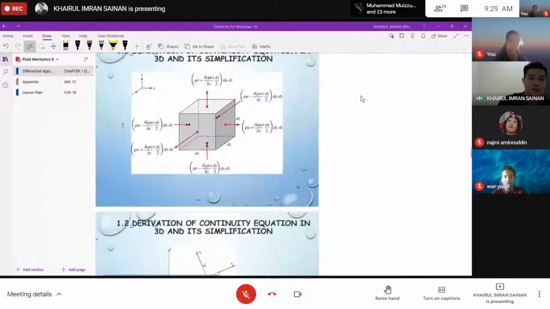Right. All right. So this general equation is actually valid for compressible and unsteady flow.